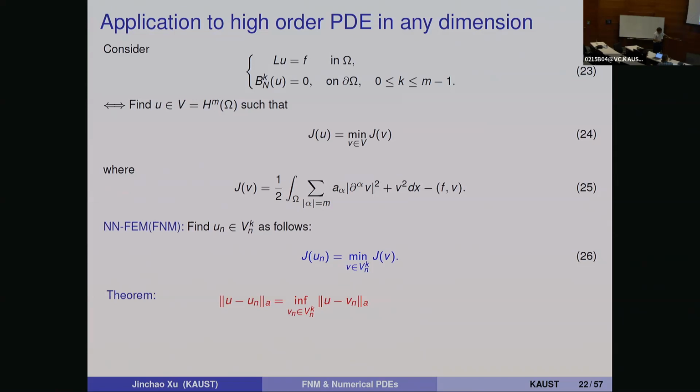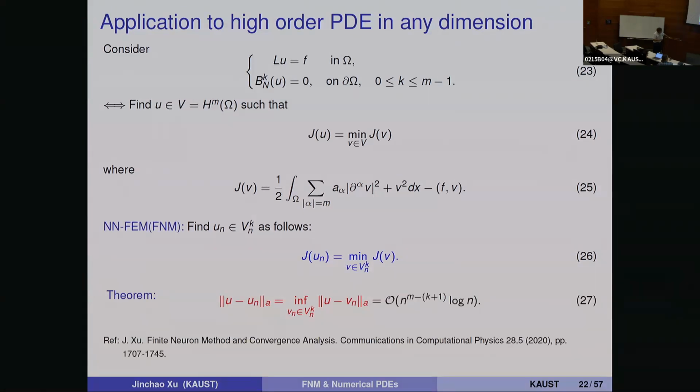If you do that, you can get this order of convergence. If God knows how to solve this optimization problem, I can get a very high order of convergence, which in terms of the exponent is independent of the dimension.